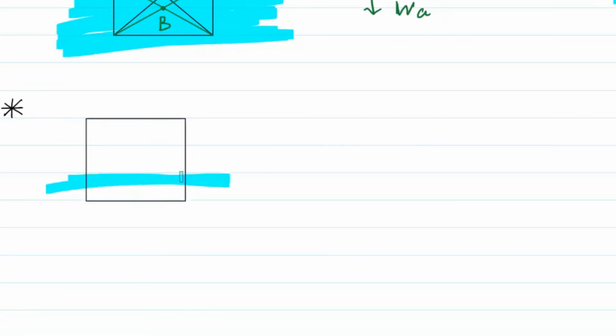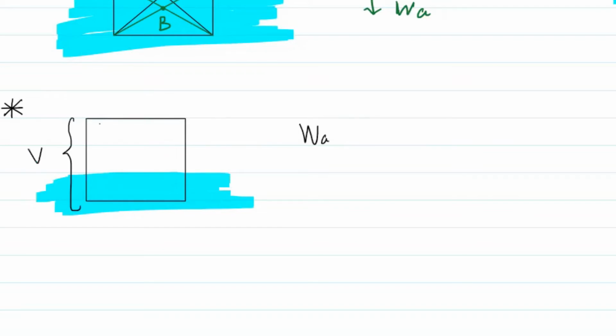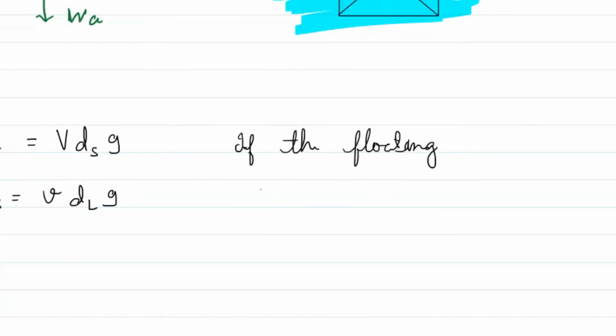The weight of the body in air, for that we are taking this whole volume, that is V, is equal to volume of the solid times density of the solid times gravity. And when we say the buoyant force, that time we are talking about only the volume when the body is submerged inside the liquid, times density of liquid times gravity. If the body is floating, then weight in air is equal to the buoyant force.